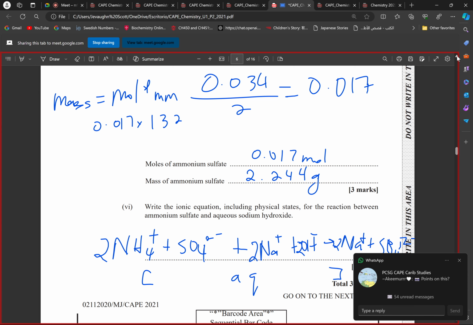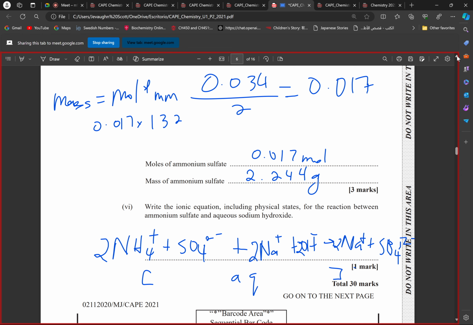Usually we remove spectator ions, but I'm just clarifying that in this case we wouldn't do that, because then we wouldn't have any products. We would.